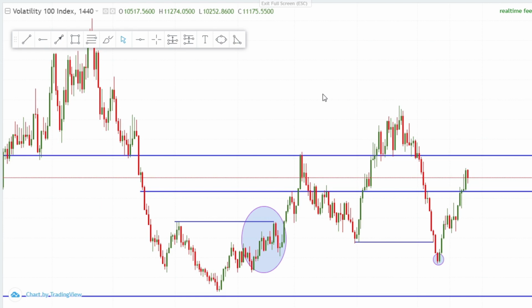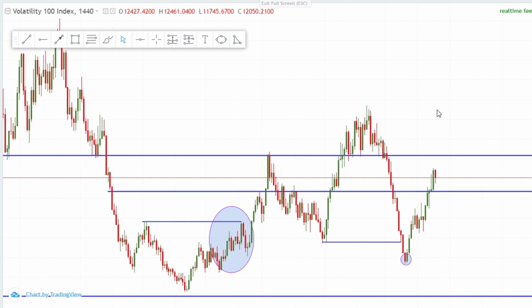Personally, I would do my setup without anything, by just drawing lines and important areas. It is one thing to draw an important area, and it's another for the market to move within your setup. So when you have a setup, you should have what we call confirmations.